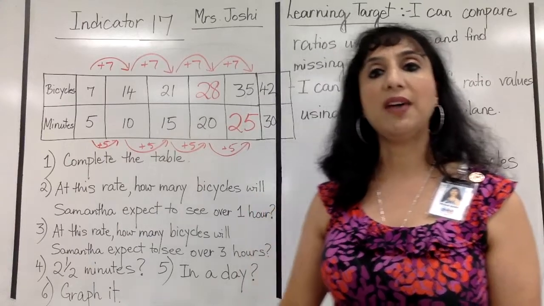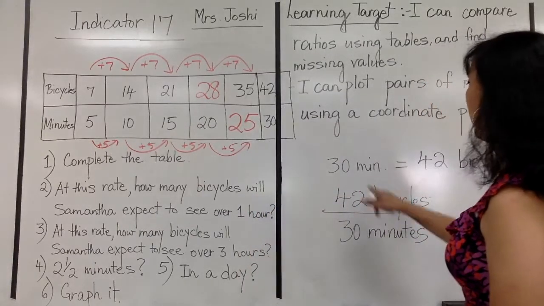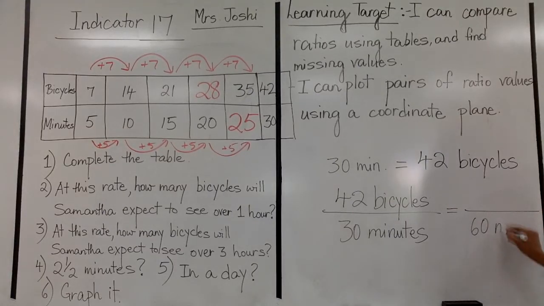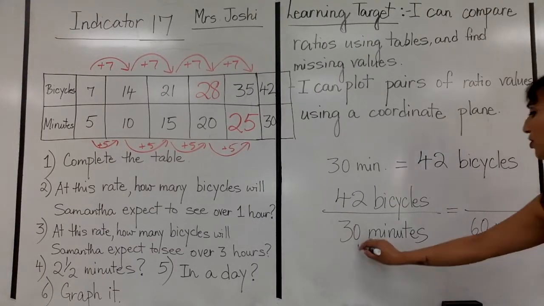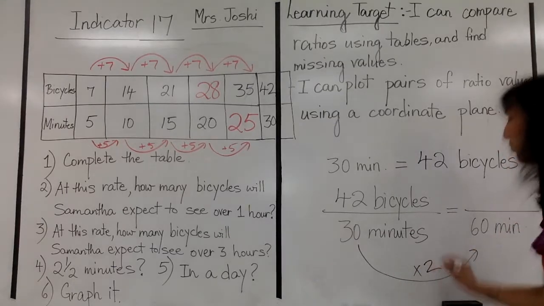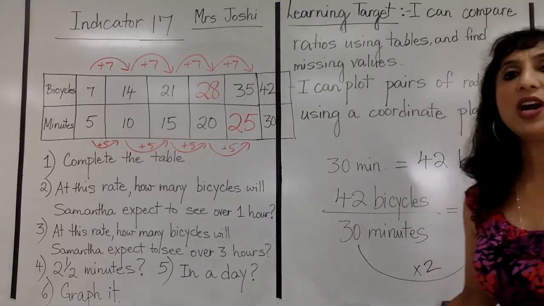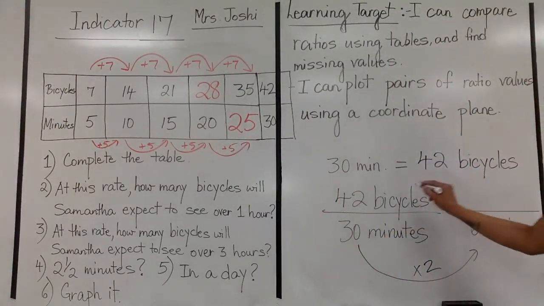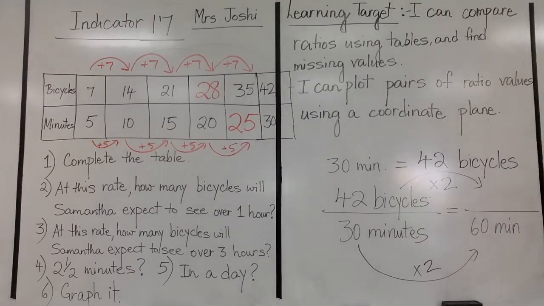To make 60 minutes, I would have to do 30 times 2. Whatever I do to the denominator, I have to do the same thing to the numerator. So 42 times 2 gives me 84 bicycles in 1 hour. This is just one of the ways to do it.